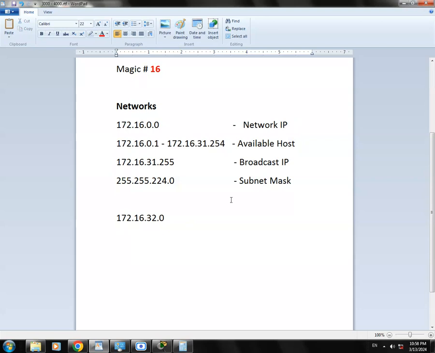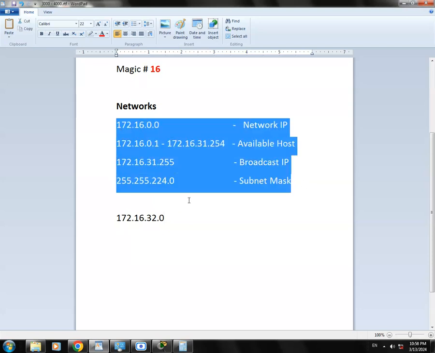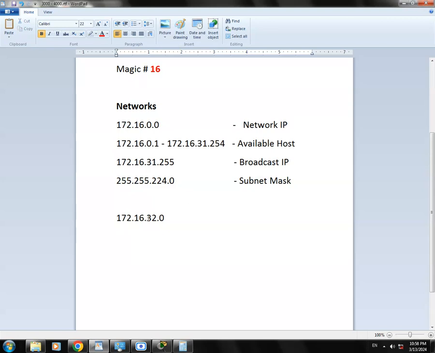It's assigned on this network, so we cannot use this IP address. The next IP address that we can use is the IP address after the broadcast IP address on this network, which is 172.16.32.0.